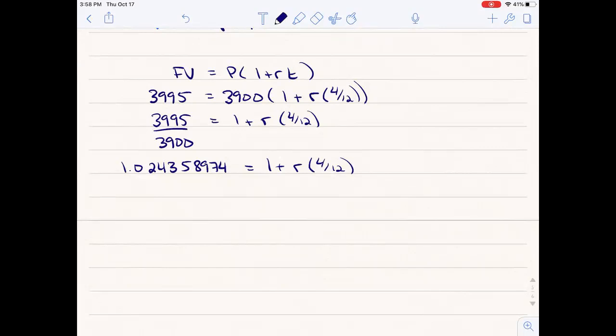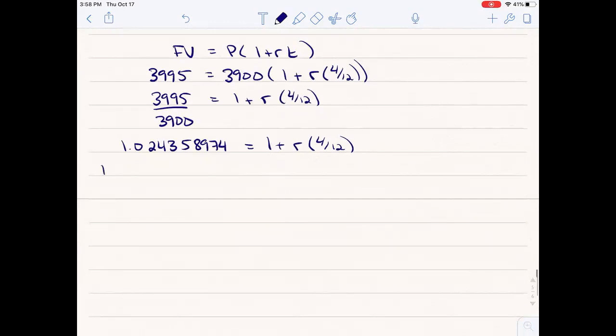To get R on its own, I have to subtract 1 first from both sides. And so I get 1.024358974 minus 1 is R times 4 over 12.